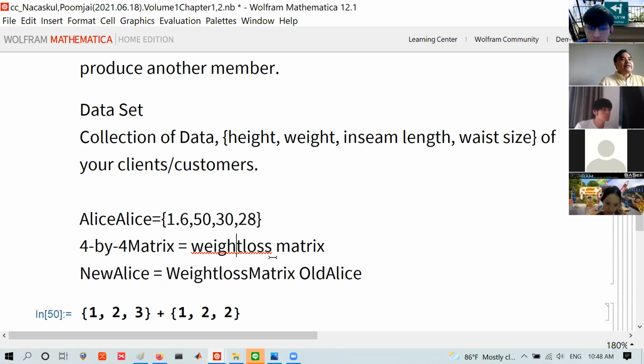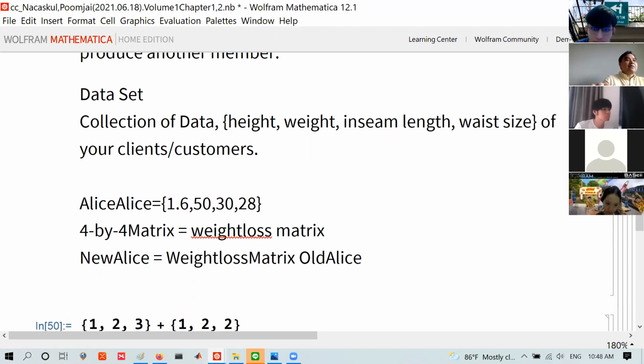Now, because it's a weight loss matrix, it's not going to make her shorter. So you can get something like, well, she's still 1.6, right? But now she weighs a little bit less, 45. And her inseam doesn't shrink either, so it's 30. But the waist size has gone down to 26.